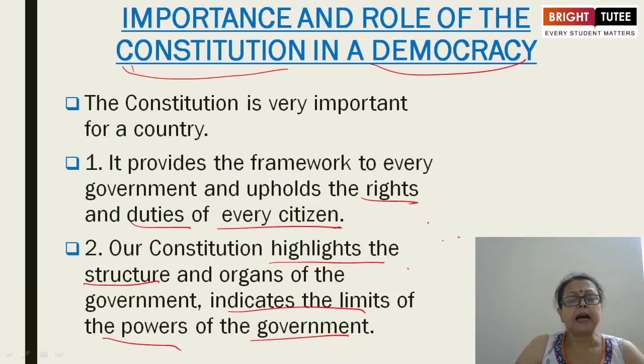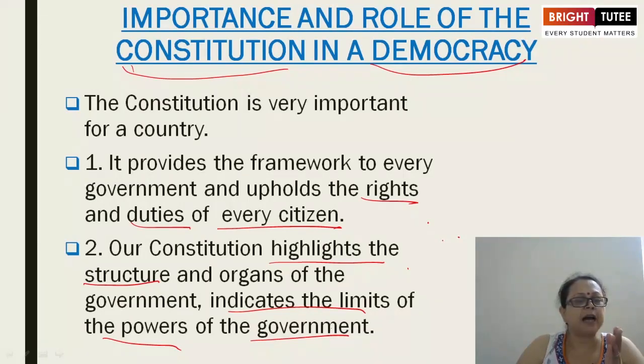Local self-government has two different types: urban bodies and rural bodies. In urban areas, we have municipalities and municipal corporations, and in rural areas, the village panchayat system. So the entire structure is highlighted in the constitution, as well as the organs of the government.